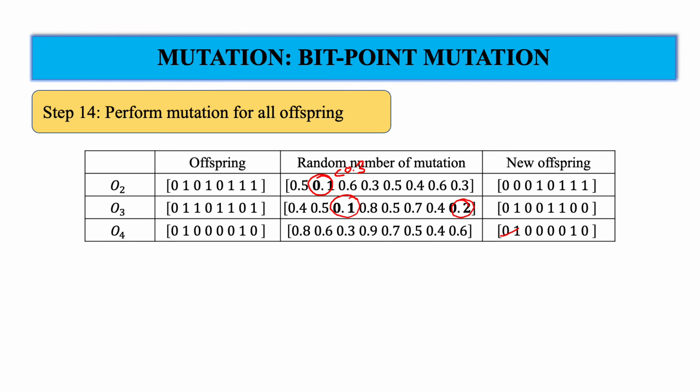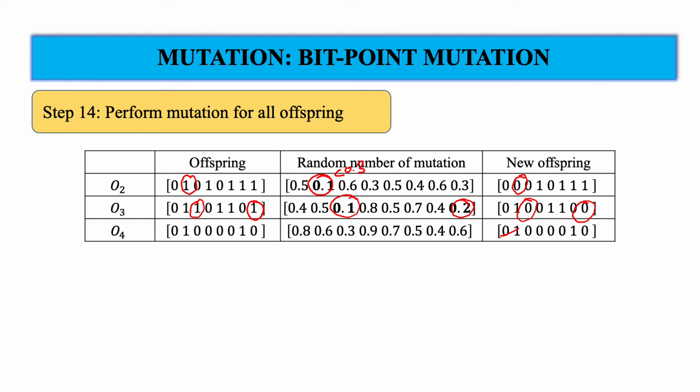Here we have changed the third bit to 0 from 1. Here we have changed the last bit to 0, and in this we have changed the second bit to 0. All other bits will remain the same. Okay, so now we have these offspring.